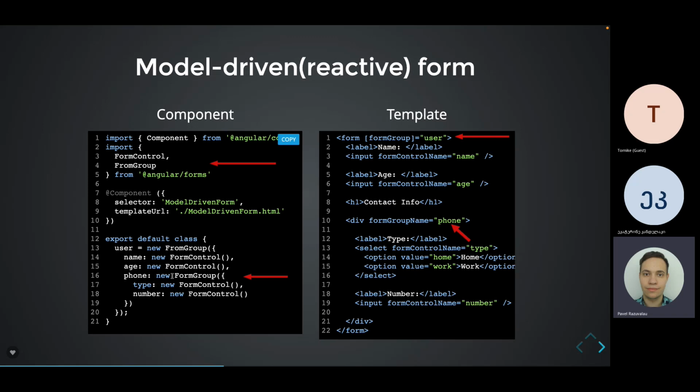And here, instead of holding the property separately, we're going to create the global form group where we pass some other controls. In case a control will hold a primitive such as string, number, or boolean, we should create the form control for it. Otherwise, if it's an object, the form group should be created for that particular property.